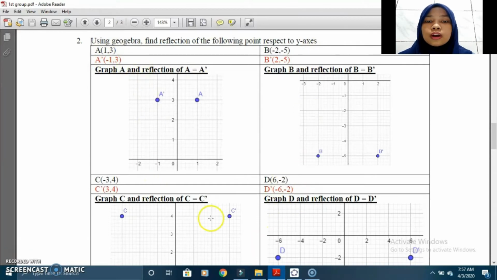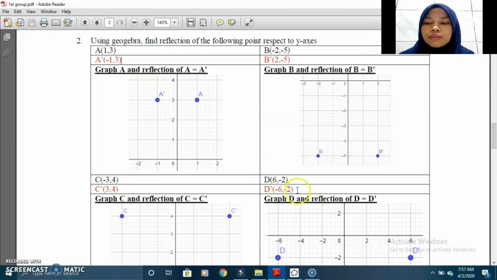And now we look at the pattern. If A is 1, 3, then A' is minus 1, 3. B is minus 2, minus 5, then B' is 2, minus 5. C is minus 3, 4, then C' is 3, 4. D is 6, minus 2, then D' is minus 6, minus 2.